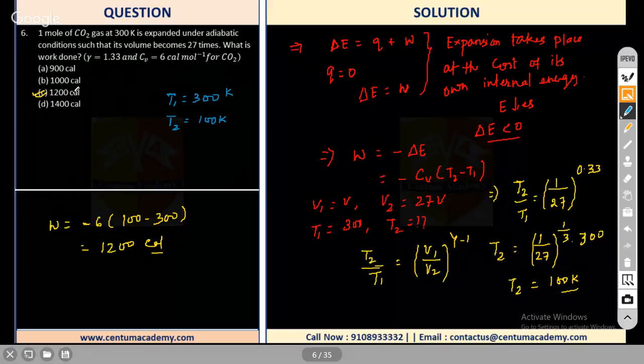So whenever you have expansion in an adiabatic process, the temperature decreases. T2 is less than T1. And when the temperature decreases, cooling takes place. Clear? So keep in mind that whenever you have an adiabatic process and expansion takes place, the final temperature will decrease and cooling takes place. Right? Remember this point.